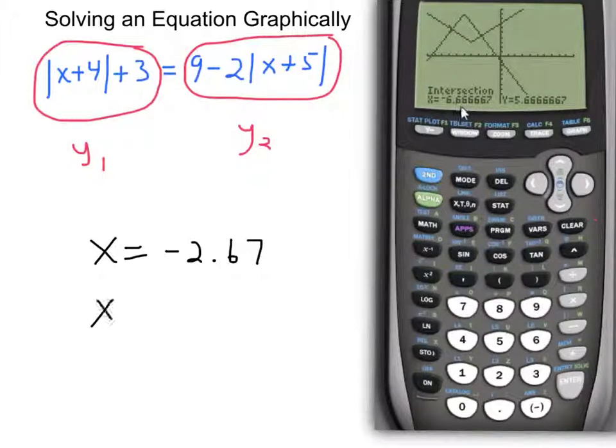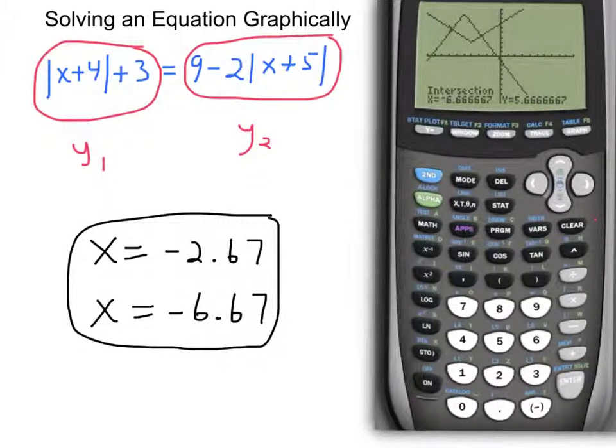And we want the x-coordinate only for the solution, so negative 6.67 if I round those off. So notice there's 2 solutions, and they can be found by finding the points of intersection between the 2 sides of the equation. And you can solve any equation that way. We've done that before with other equations, and I just wanted to show you that you can apply this to equations that have absolute values in them as well.